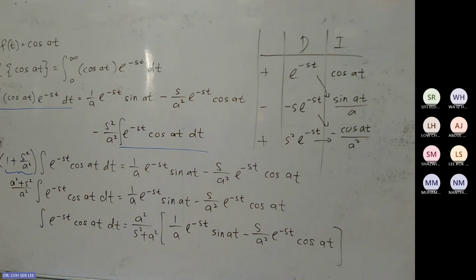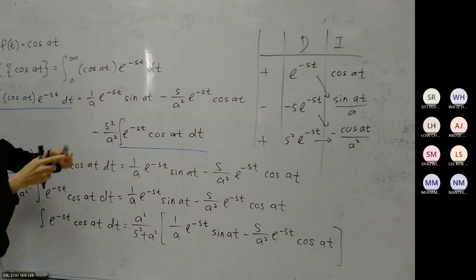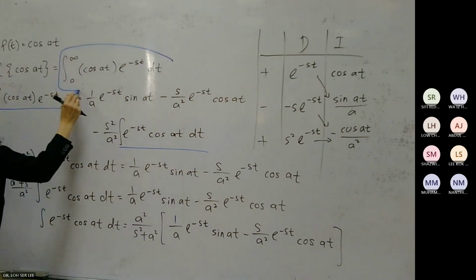So now we want to substitute 0 and infinity, infinity and 0, into the t. And write one more line here. You see now, this is what we want.